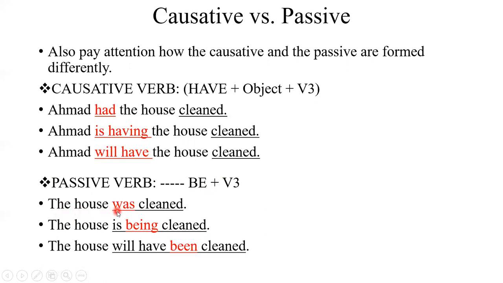The house was cleaned, verb be followed by verb 3. The house is being cleaned, verb be followed by verb 3. And here we have helping verbs for verb be. The house will have been cleaned. Again, be followed by verb 3. And before be here we have helping verbs. So we might have helping verbs or we might have just be and verb 3 alone.